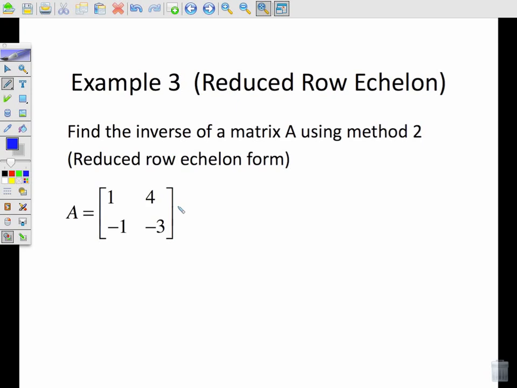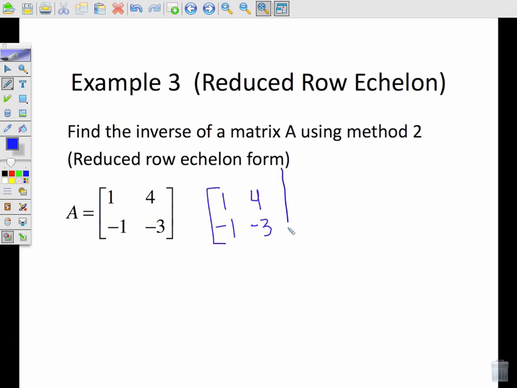All right, now let's look at another method, and this method would be to use row echelon form. Okay, so we take our matrix and we're going to put the matrix out here.